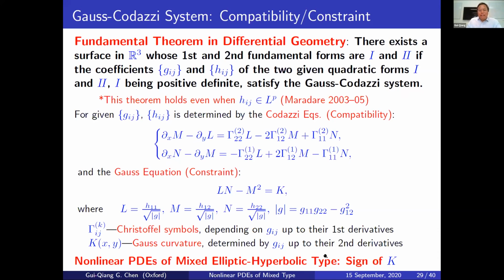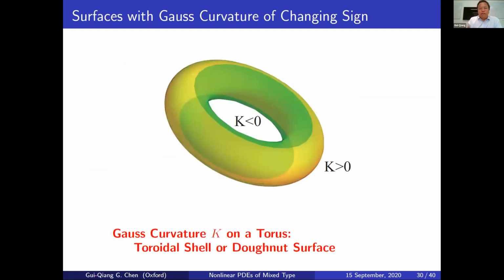The type really depends on the sign of the Gauss curvature. Of course, the Gauss curvature changes the very nature, even for a simple surface: you change the sign on one side. So from the PDE point of view, this is really mixed elliptic and hyperbolic.